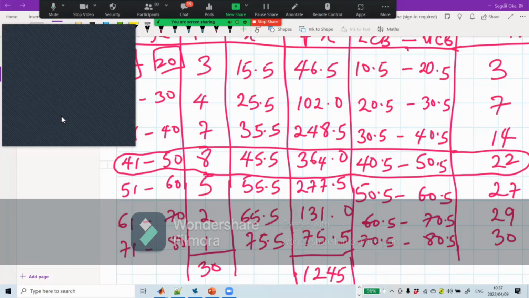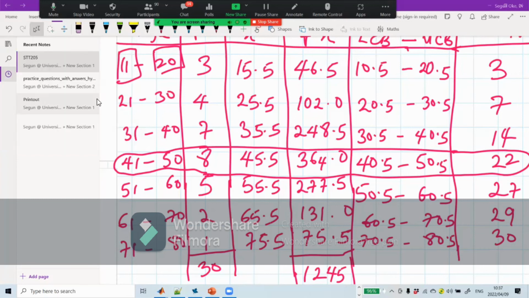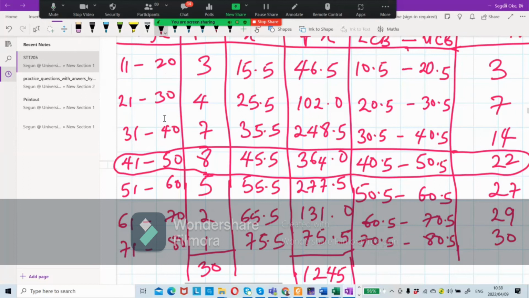Why do we always circle this median class? How many times have I circled? We've circled it twice. All I'm doing is just to distinguish between them. There is nothing special about them, it's just the class we are working with.